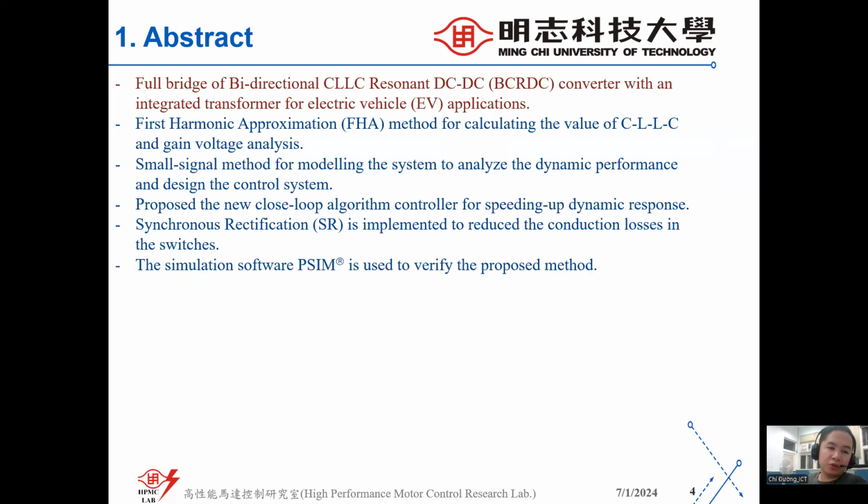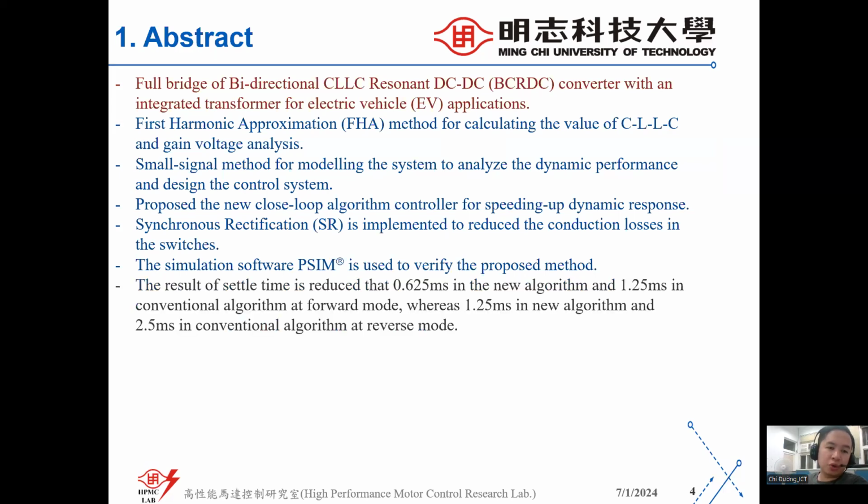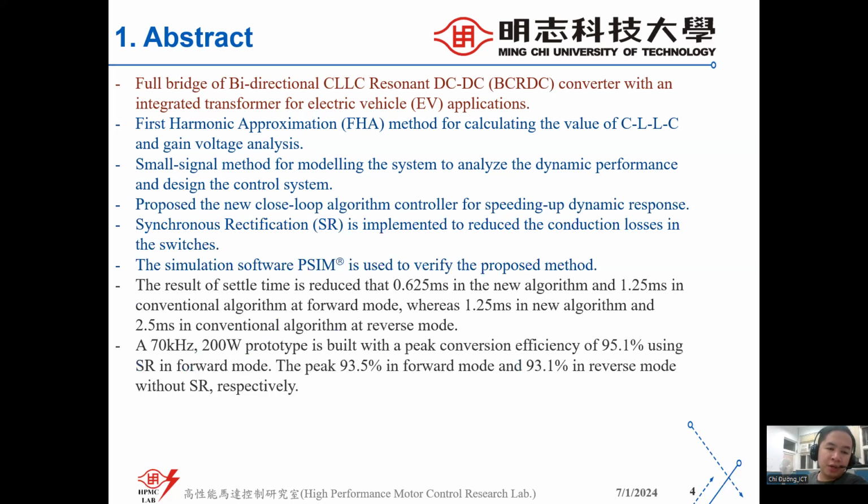The simulation software is used to verify the performance, with the settling time reduced to 0.625 milliseconds in the new algorithm and 1.25 milliseconds in the conventional algorithm at the forward mode, and 1.25 milliseconds in the new algorithm and 2.5 milliseconds in the conventional algorithm at the reverse mode.